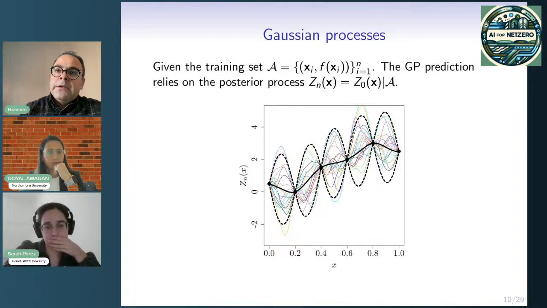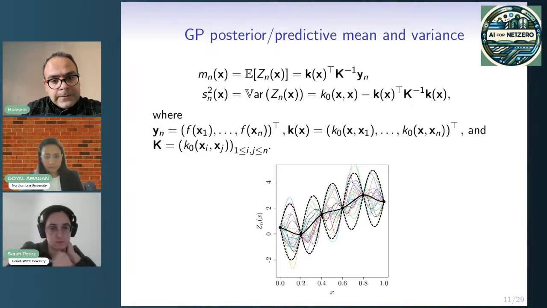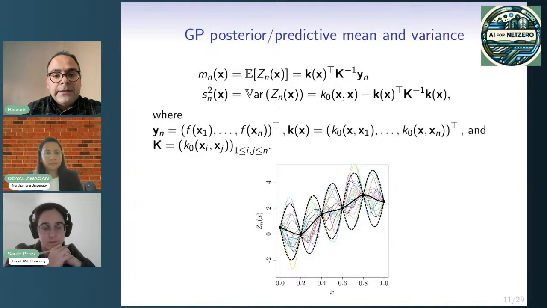One of the advantages of Gaussian processes is that we have closed form expressions for the posterior mean and posterior variance. The posterior mean, denoted by mn(x), is the expected value of the posterior Gaussian process, with this closed form expression, and the posterior variance at each point x is the variance of the posterior Gaussian process, with this expression.